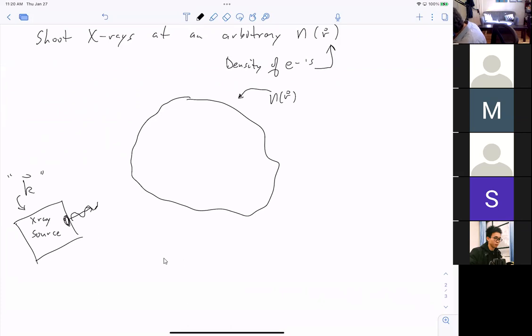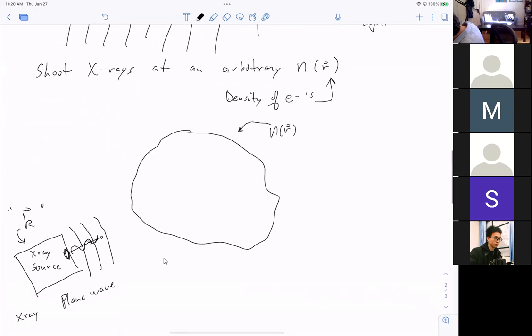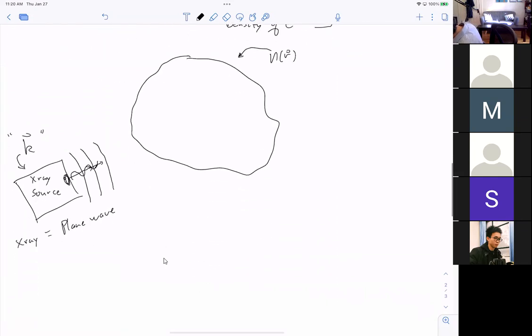These are plane waves, so my X-ray is equal to a plane wave.